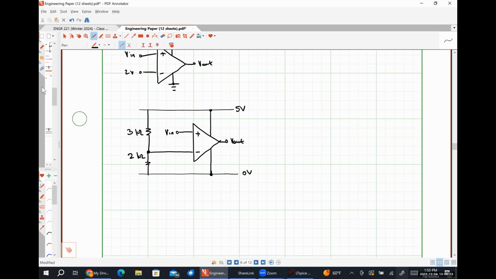But I want to be really clear here. Let me get a different color. Originally, VX is defined between here and here.